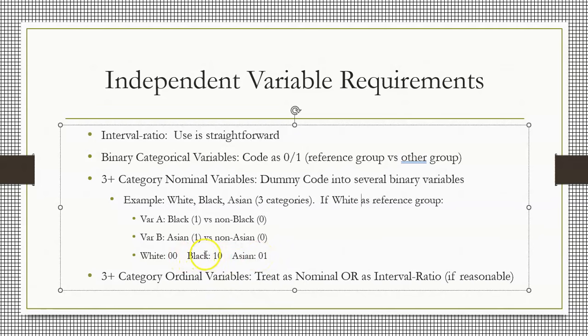And you need to make sure you've got some in each of these groups, enough to create estimates. If you only have a few, say you only had 7 in the Asian group, your partial slopes would have big standard errors, meaning the p-values would generally be larger.